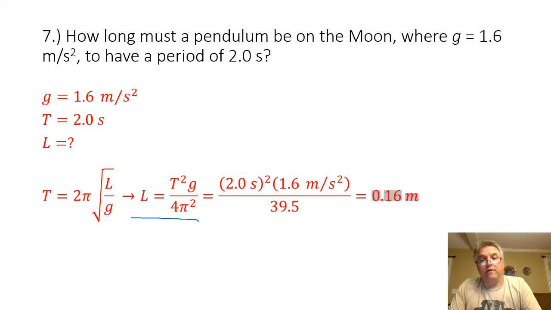One quick note when we are solving for length, and if I'm in a particularly bad mood, I might have you solve for the gravitational acceleration at some point as well. When you want to solve for either the length or the gravitational acceleration, you're going to need to get them outside of the radical, or you're going to need to remove the radical in order to solve for one of those. And you do that by squaring everything.